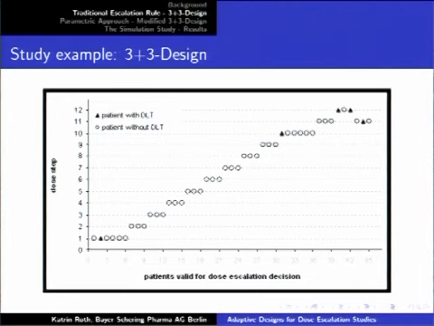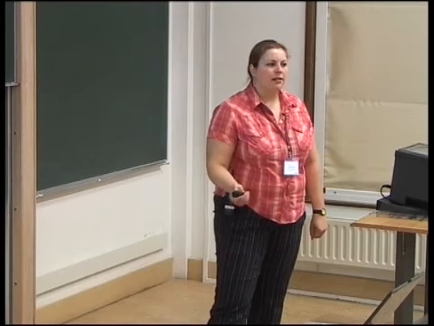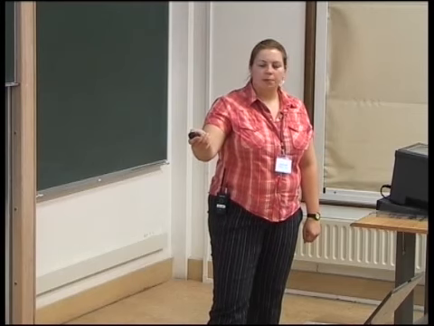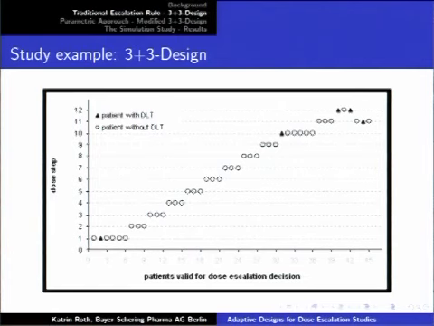We started at the lowest dose level, and this black triangle means that for this patient, we observed a dose-limiting toxicity. Here, 1 out of the first 3 patients had this dose-limiting toxicity, so we included 3 more patients at the same dose step. Then none of the second cohort experienced a dose-limiting toxicity, so we escalated the dose.